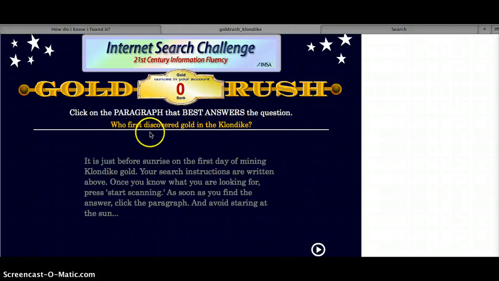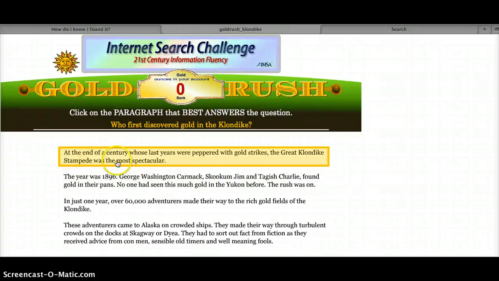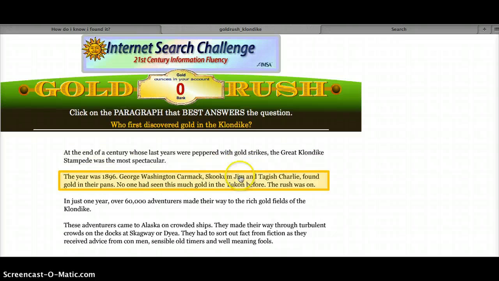Who first discovered gold in the Klondike? All right, so we're going to assume that all these paragraphs are about the Klondike. And we're going to concentrate on who first discovered. All right? Okay. I do not see the word discovered in this one.